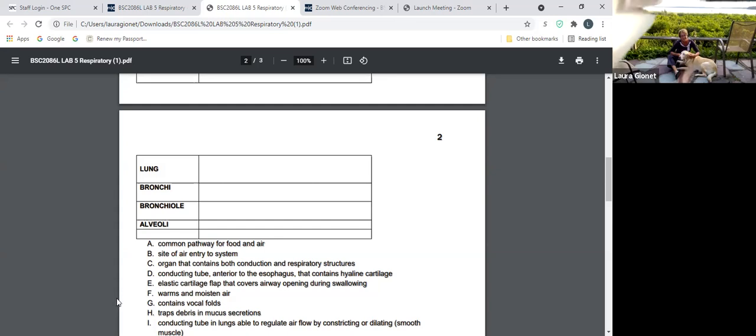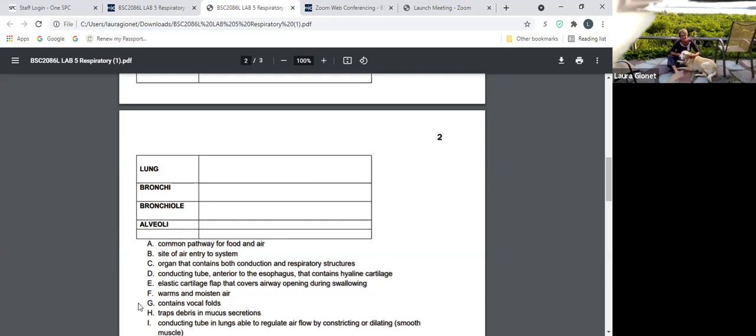E, elastic cartilage flap that covers airway opening during swallowing. That is your epiglottis. F, warms and moistens air. That's primarily your sinus cavities. Remember in A&P1, we looked at the sinus cavities or paranasal sinuses, the frontal, maxillary, sphenoid, and ethmoid sinuses.